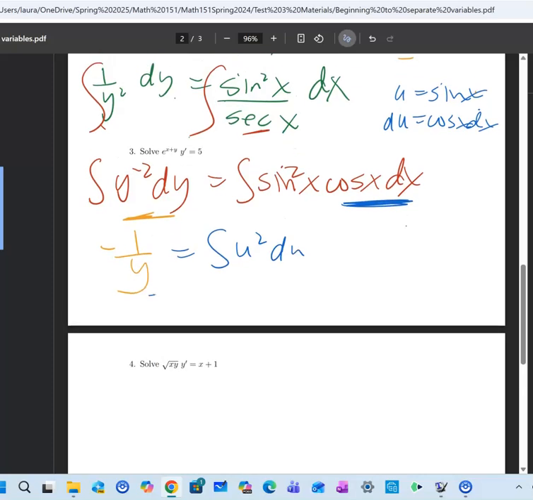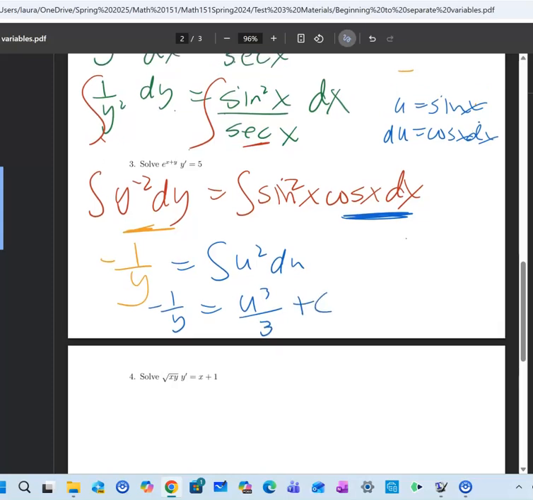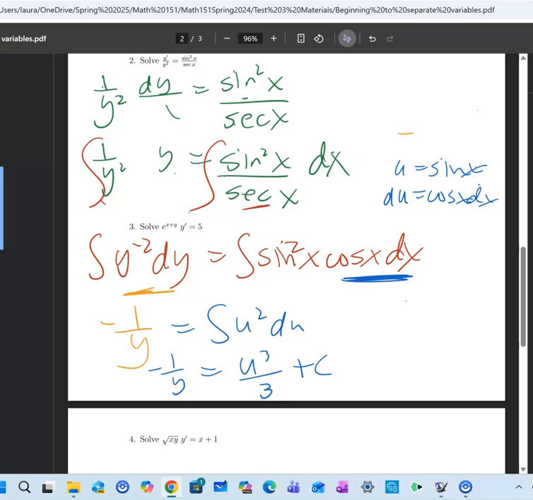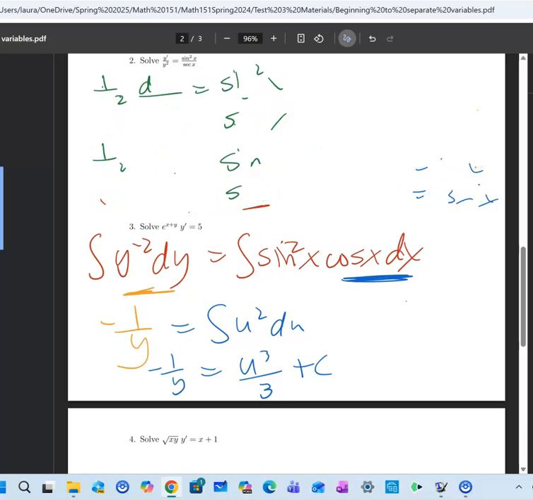So then I get negative 1 over y equals u cubed over 3 plus a c. So then let me bring it up here. Then, again, I have to put the x's back in for the u, and I need to do the algebra to solve for the y. So let's do that.